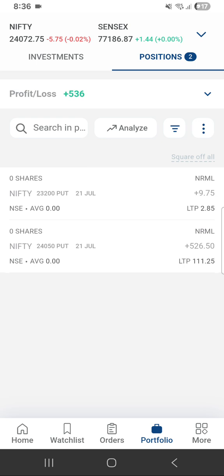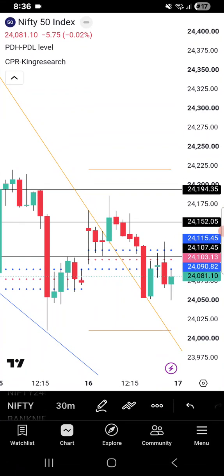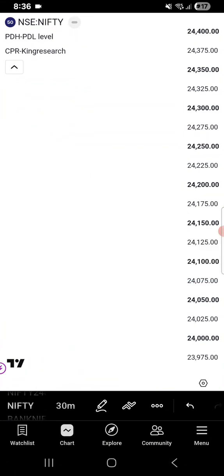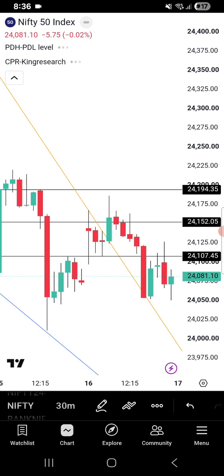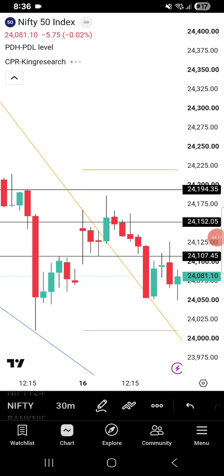Coming to the key lessons, as expected, I was patiently waiting for the candle to give good conviction to place my trade, and the fourth candle is where I placed my trade.